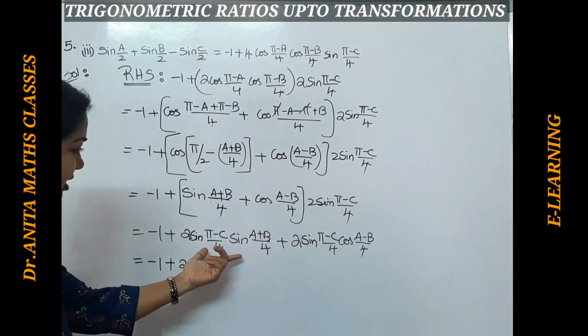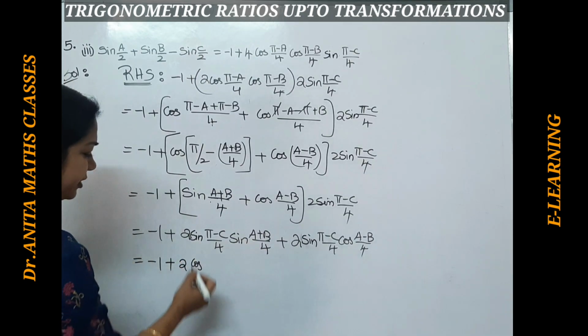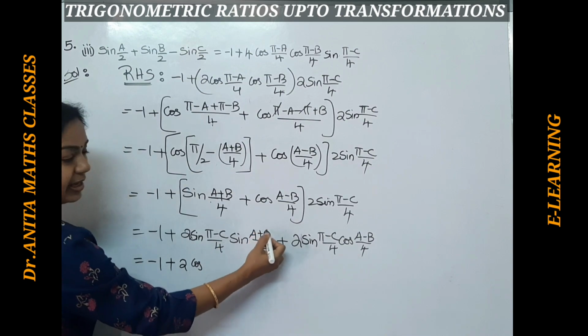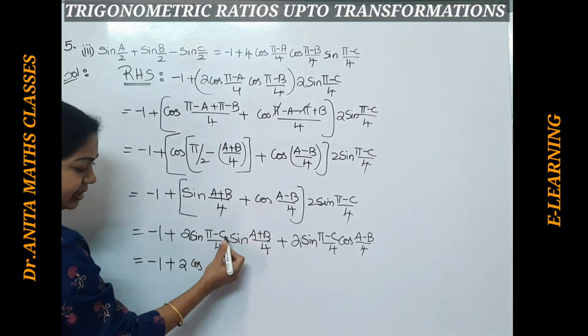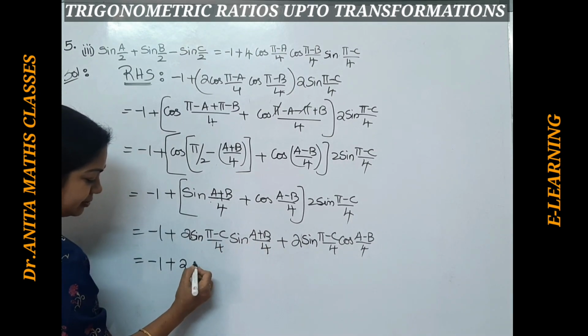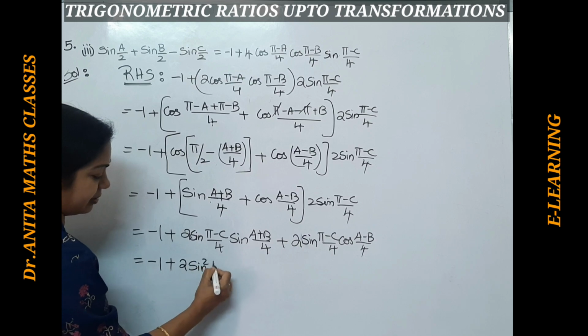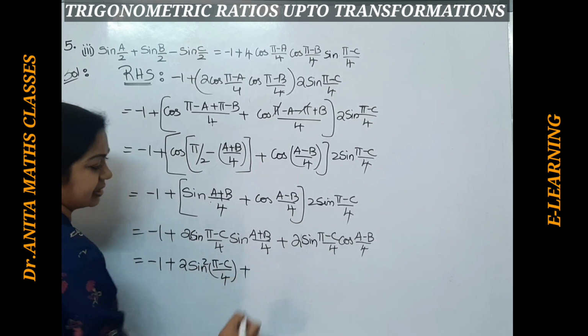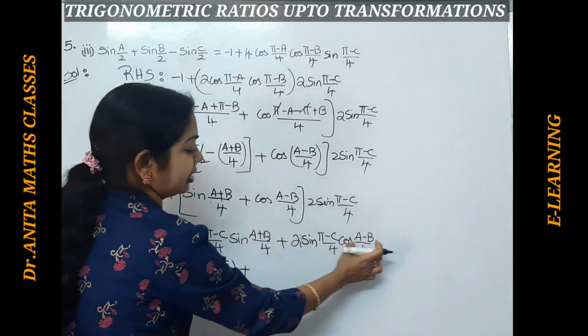Now here if you are seeing sine and sine, 2 sine and 2 sine, this a plus b I can write as pi minus c again. So 2 sine of pi minus c by 4 times sine of pi minus c by 4 becomes 2 sine square of pi minus c by 4. Plus here 2 sine a cos b.